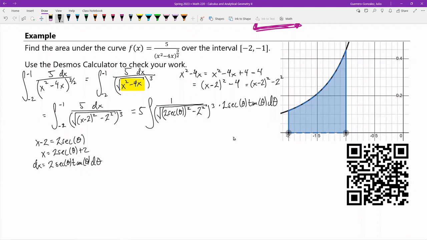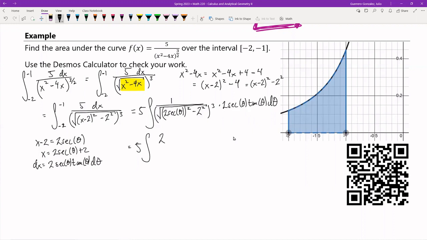Let's do some more simplifying here. The 5 stays outside the integral. I'm going to do some of the stuff inside the square root. 2 secant theta squared is going to be 4, since 2 squared is 4, so I get to factor out a 4 from both of these. I'm going to grab all of this on the tail end and stick it on the top of my fraction.